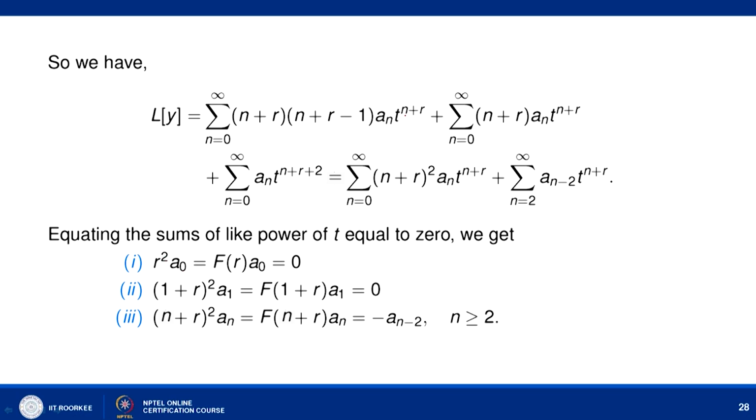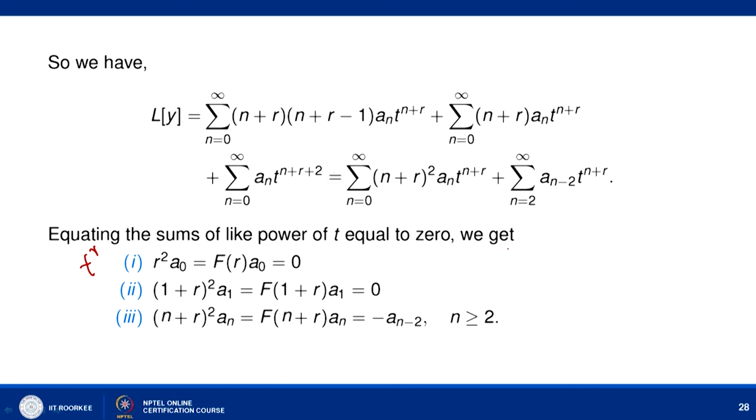So, first let us look at the coefficient of t to the power r equal to 0. Look at the first term, here you put n equal to 0. So, it is r into r minus 1 plus, from the second term, you will also get r. So, it is r into r minus 1 plus r, that is r square a naught. So, this we write as f of r a naught equal to 0. This corresponds to t to power r.